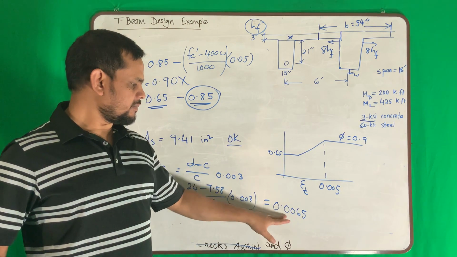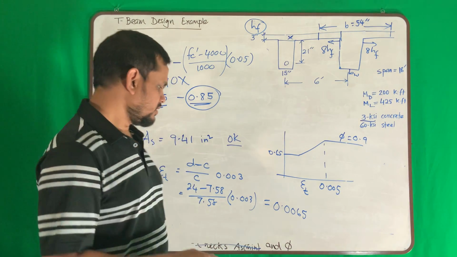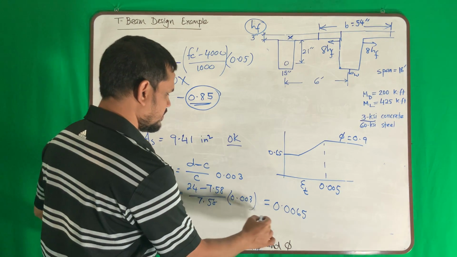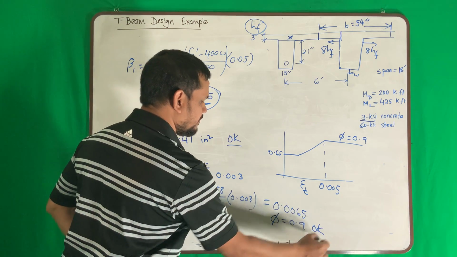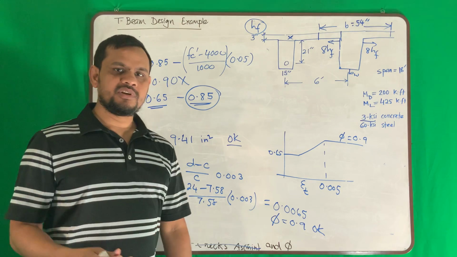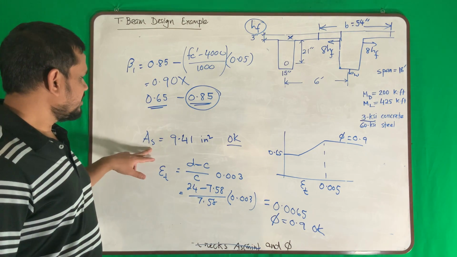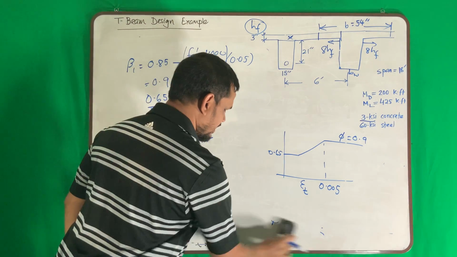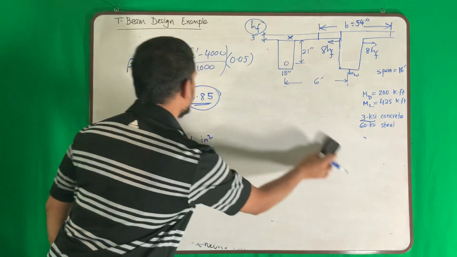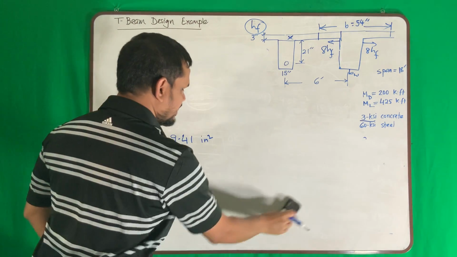That means my value is somewhere here. So phi 0.9 is good. Okay, that means our design is done. We did two calculations, and our reinforcement 9.41 inch square is our final design. So design is done.